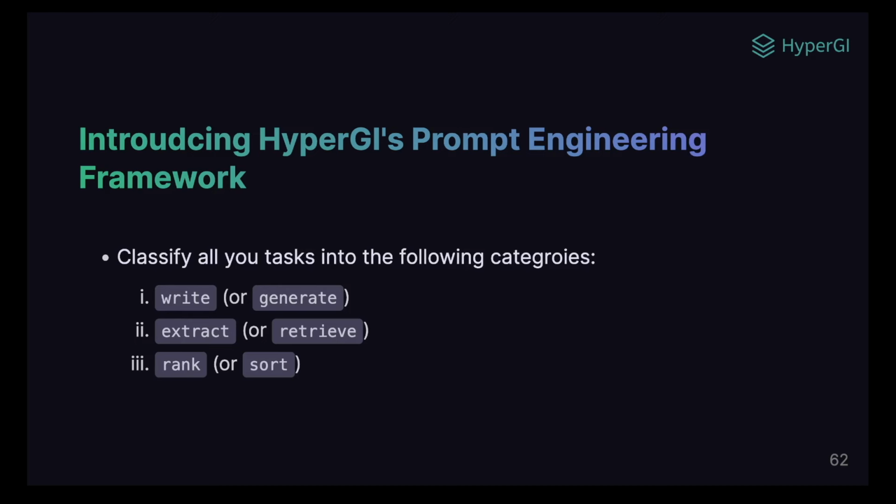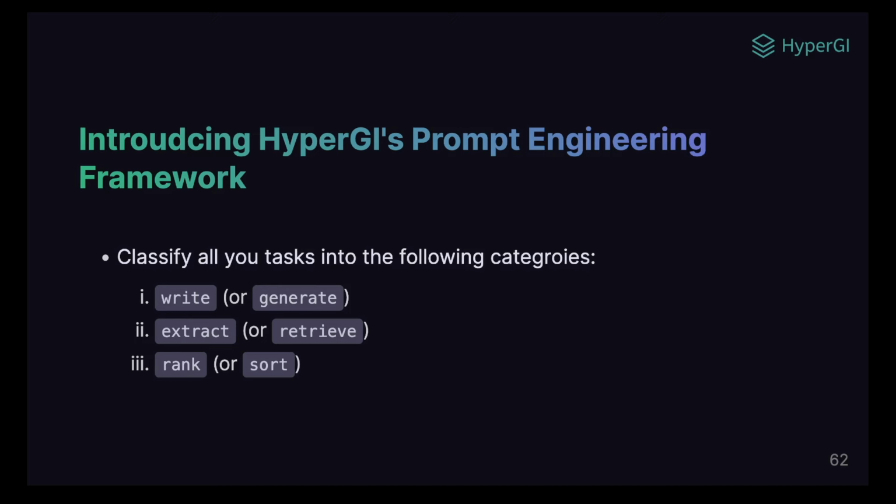Do I use it to extract or retrieve something? Or do I use it to rank or sort something? I barely use ChatGPT to analyze big data, CSV or Parquet or Excel, because you use Python, R programming, and other things. Most of the time you work with text data with ChatGPT. So you always classify the task into 3 categories: write, extract, or rank.